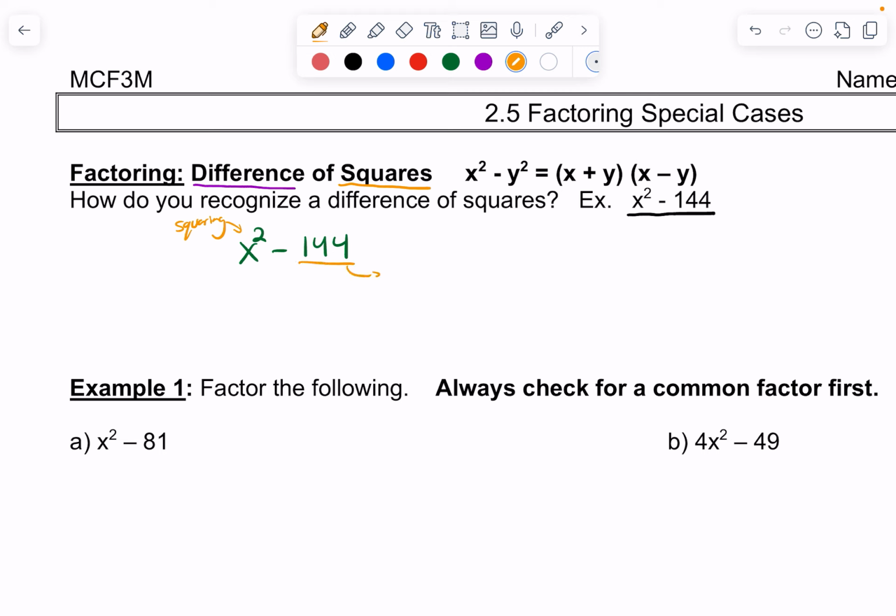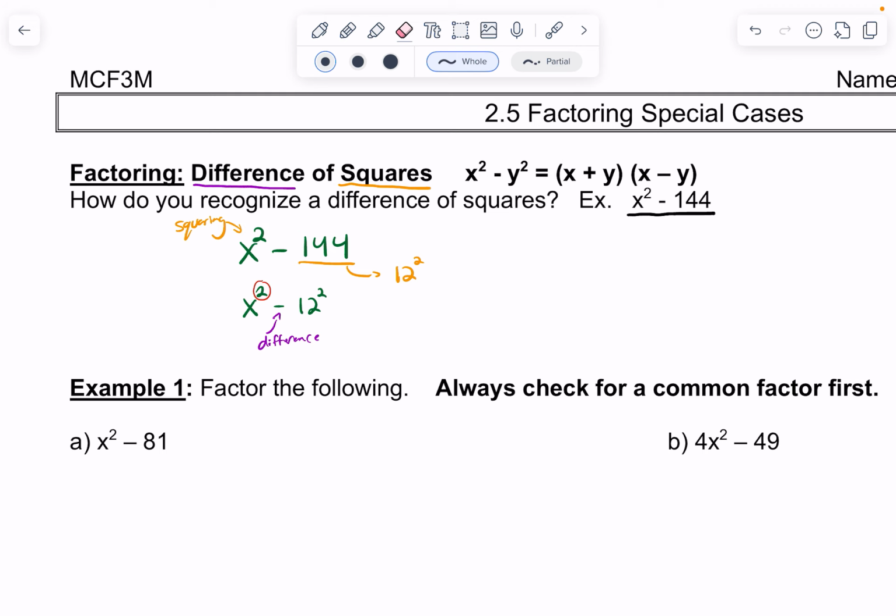That comes from taking 12 and squaring it. So this can also be seen as x squared minus 12 squared. So you have a difference of squares.